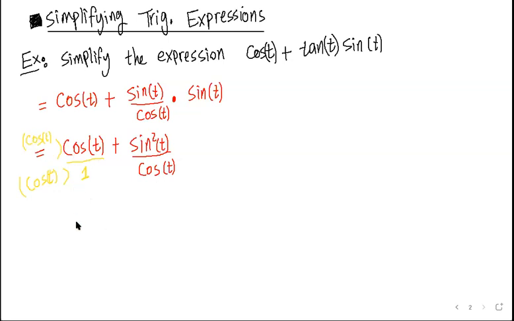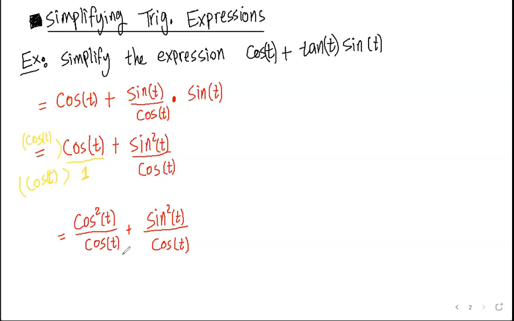So I get cosine times cosine, which is cosine square of t, over cosine of t, plus sine square of t over cosine of t.